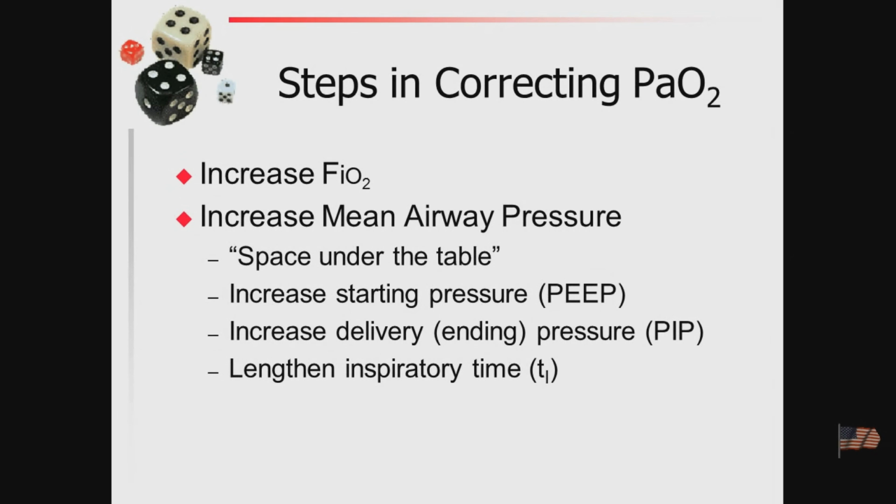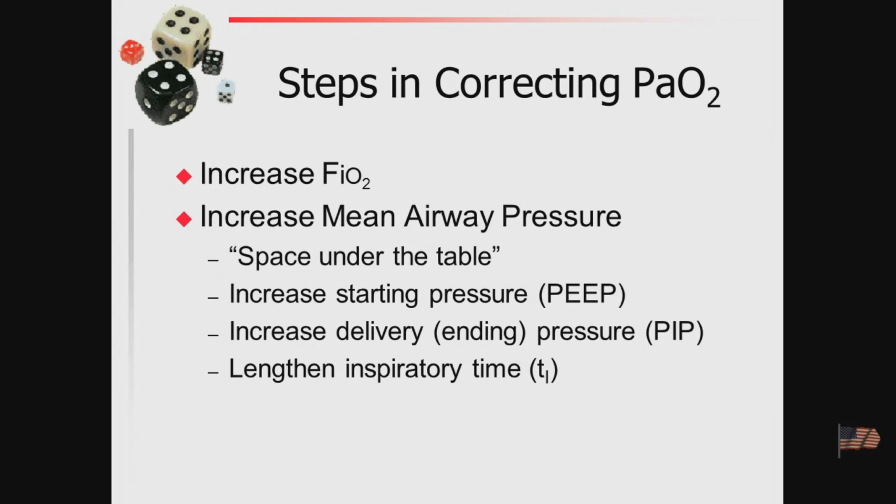So, fixing the oxygen level can be done a couple different ways. So if my PaO2 is low, I can increase the FiO2. That's one way. But there's also an alteration in how the breath is delivered that can affect the PaO2. Specifically, increasing the mean airway pressure.